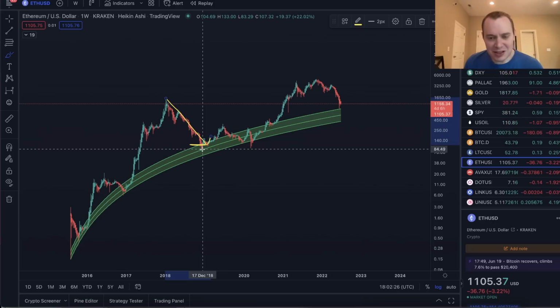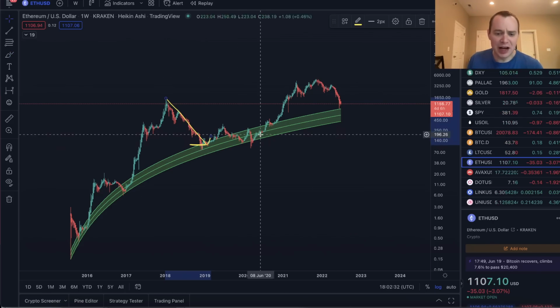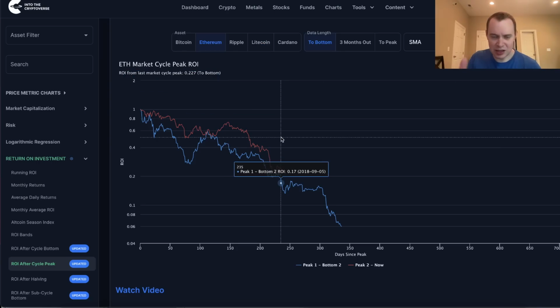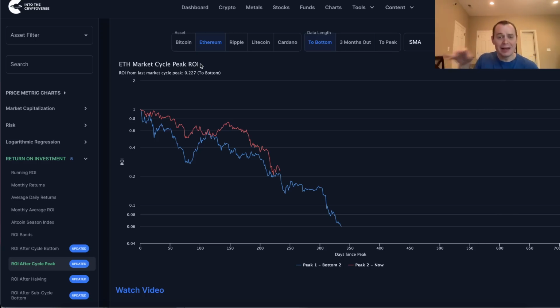Now, what's interesting is when you actually compare these bear markets, when you overlay them, okay? Now, one thing we could do is overlay it just in TradingView, but better yet, we'll go over to intothecryptoverse.com. You can toggle for Ethereum market cycle peak ROI, meaning what is the ROI from the peak in the bear market.